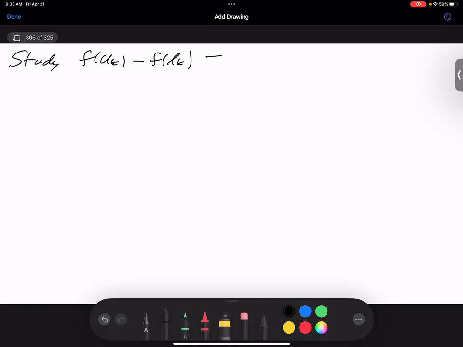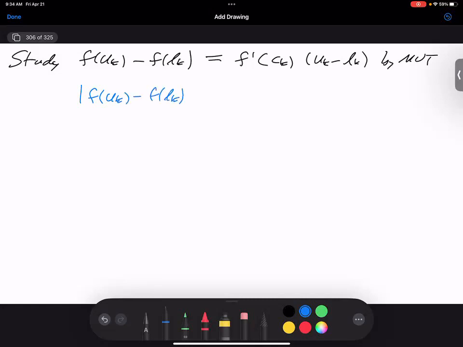So this equals f prime at some point, let's call it c_k, times u_k minus l_k, by the mean value theorem. So if we take the absolute value, we get that the absolute value of f of u_k minus f of l_k is equal to the absolute value of f prime of c_k times u_k minus l_k.